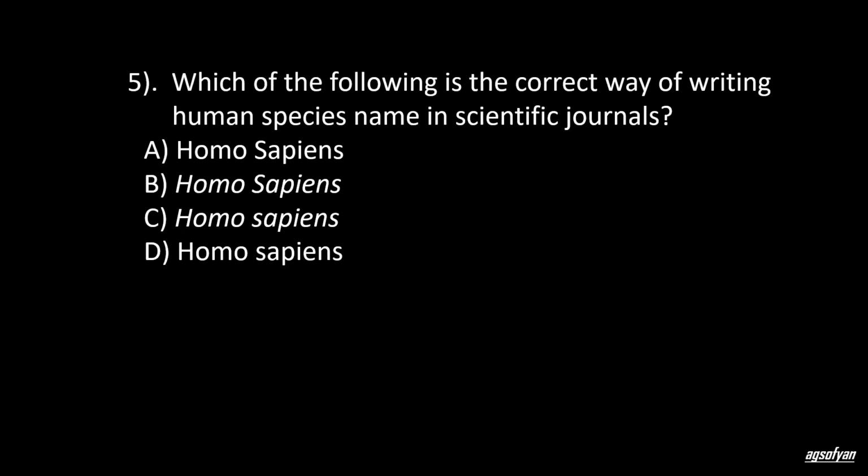And both names have to be italicized. So from this rule, then we know C will be the correct answer. Both of the names are italicized. The first name starts with capital letter. The second name starts with the lowercase. So C is the correct answer.